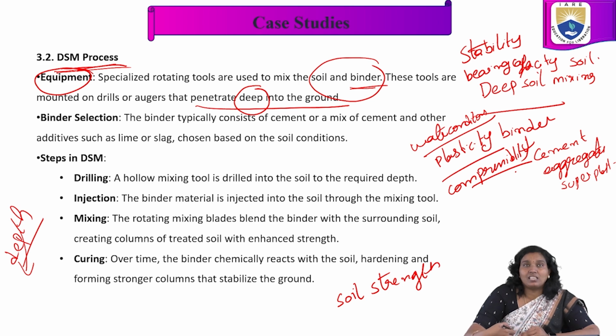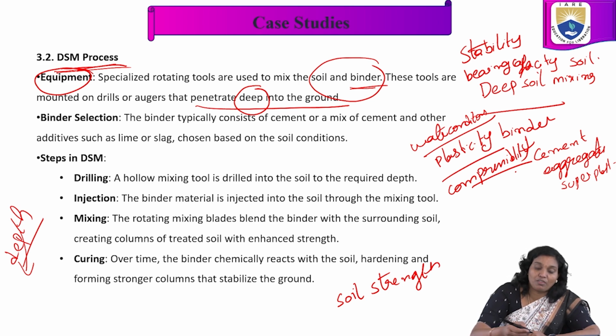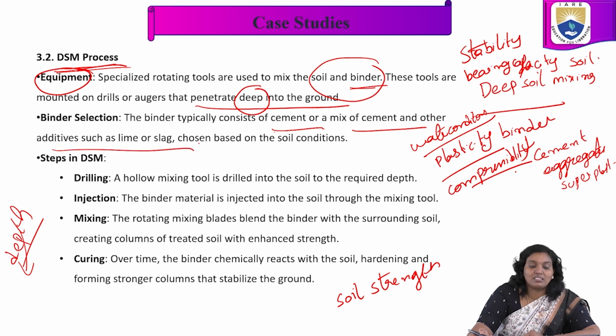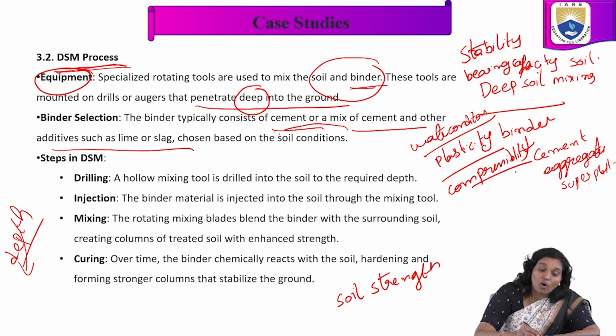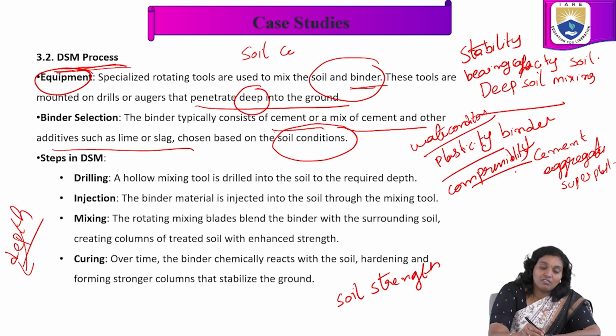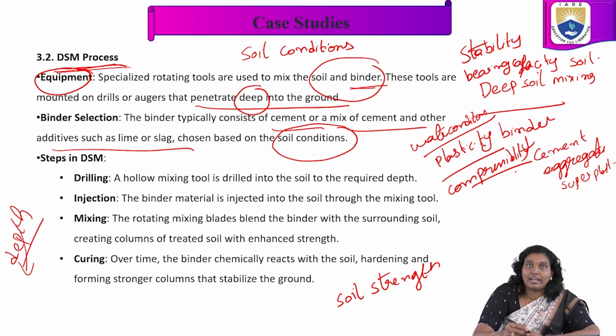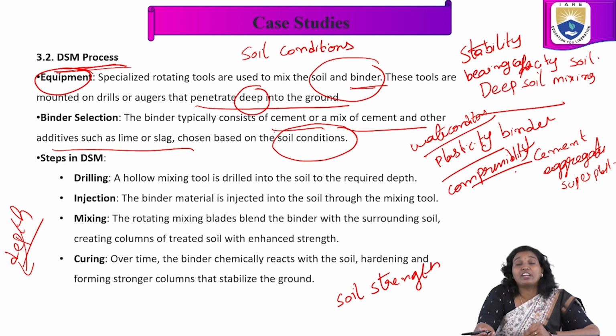In binder selection, the binder typically consists of cement or a mix of cement and other additives such as lime or slag, chosen based on the soil conditions. According to the soil conditions, we choose what kind of material for binding, in which parameter is going to be enhanced or improved, or where modification is required.